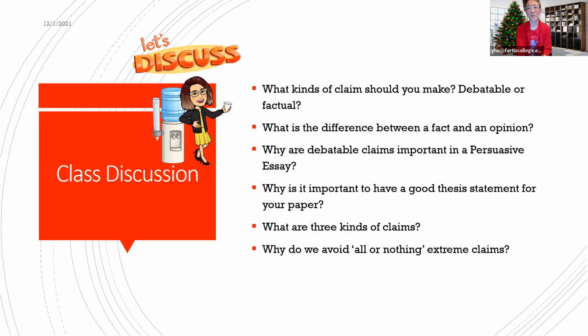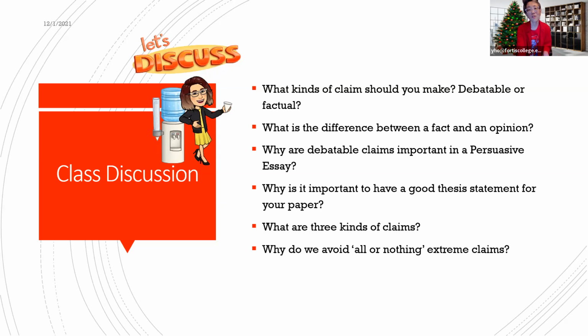If I were to say Professor H is Chinese American, is that very interesting as a paper? Am I going to write an entire paper about the fact that I'm Chinese American? That is a claim of truth, but it's not interesting. It's not debatable. You can't debate whether she is or is not Chinese American.